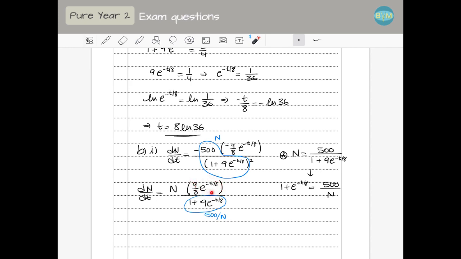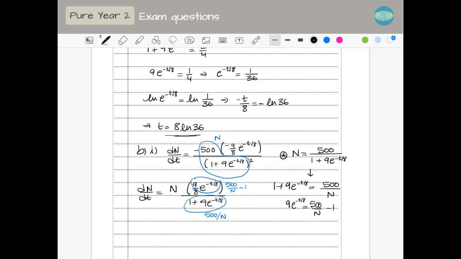Oh, sorry, I'm missing a 1 plus 9. So I can write that 9e to the power of minus t over 8 is 500 divided by n minus 1. So I can write this part of the numerator as 500 divided by n minus 1.